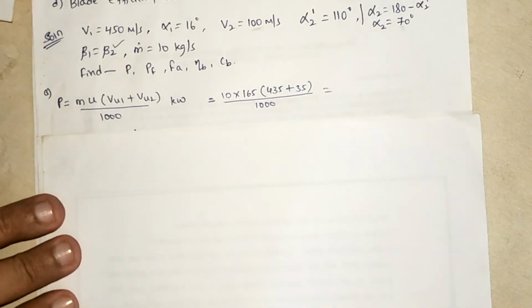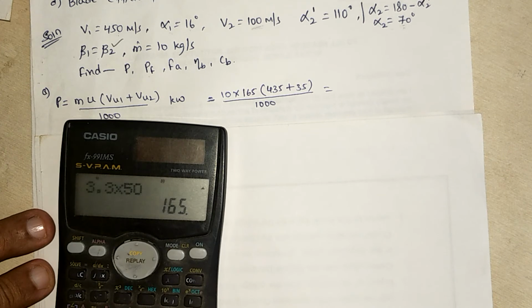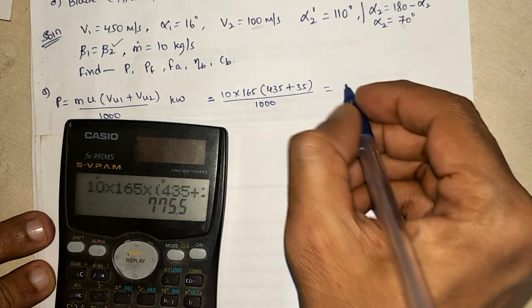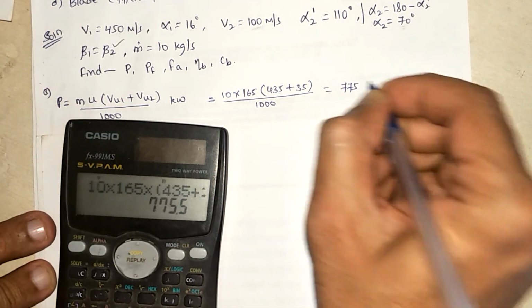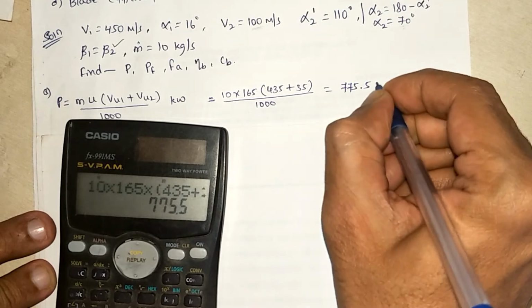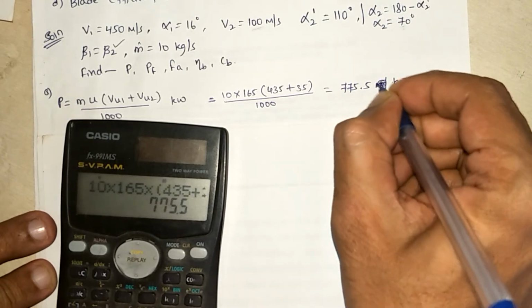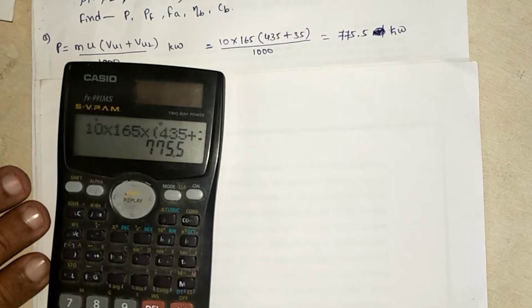So we get 10 into 165 into bracket 435 plus 35 bracket close, divided by 1000, which gives 775.5 kilowatt. This is the power developed by the turbine.